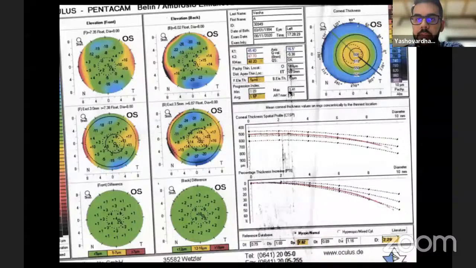The difference between the normal sphere and this patient's data is coming out to be 4. So although it is lying within the normal limit, it's towards the borderline of the higher side of the normal limit in the front aspect.